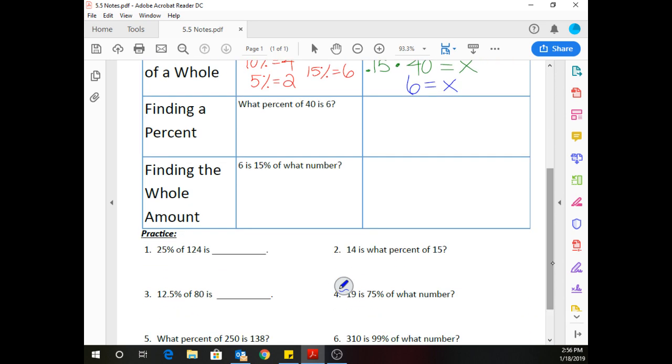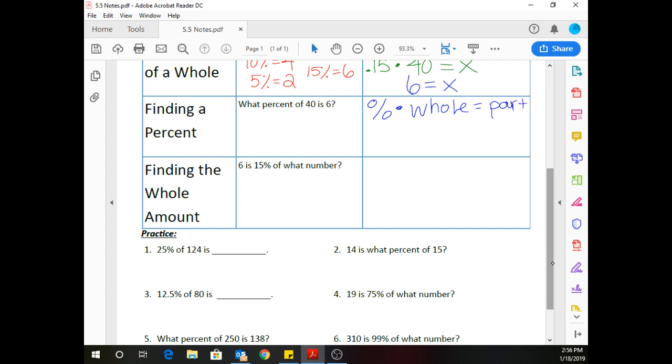All right, so it says, what percent of 40 is 6? What percent of 40 is 6? So automatically, what is the unknown here? What do we not know? The percentage. So it's always percentage times the whole equals the part, but we don't know the percentage.